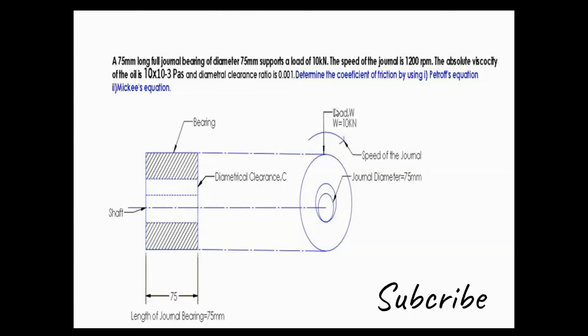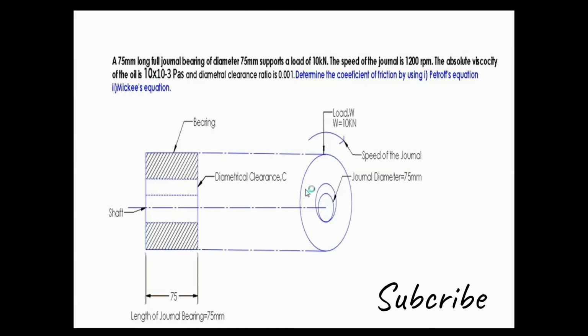So this bearing will take a load of 10 kilonewton, and the speed of the journal is 1200 rpm. So this shaft is going to rotate at a speed of 1200 rpm, and they have provided the viscosity of the oil as 10 into 10 to the power of minus 3 pascal second.